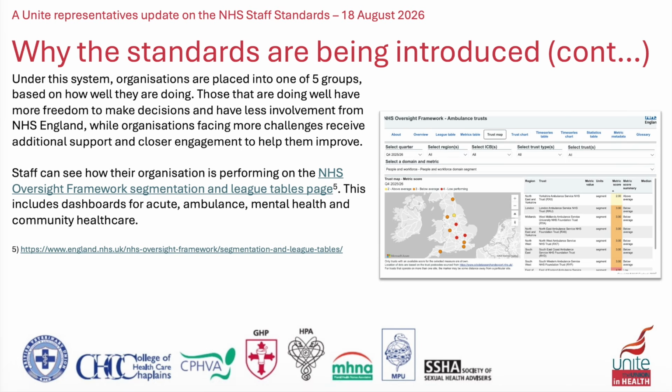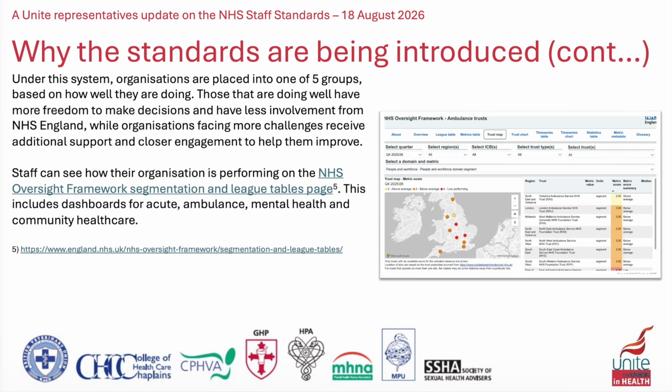So just to go on that issue, under this system, organisations are placed into one of five groups based on how well they're doing. That's the NHS Oversight Framework. Those that are doing well have more freedom to make decisions and less involvement from NHS England, while organisations facing more challenges receive additional support and closer engagement to help them improve.